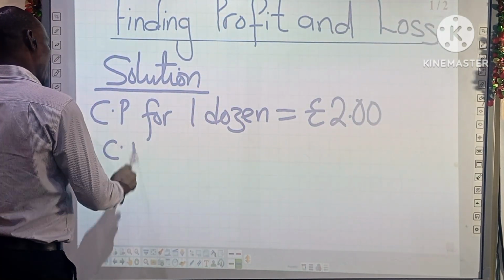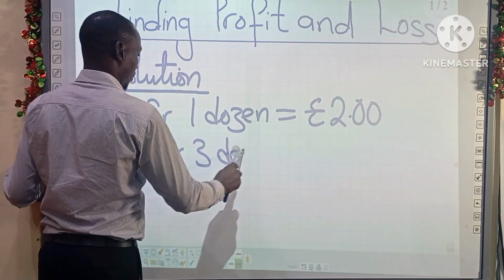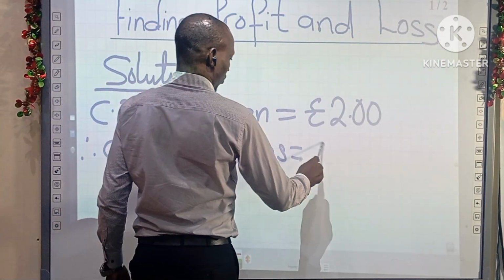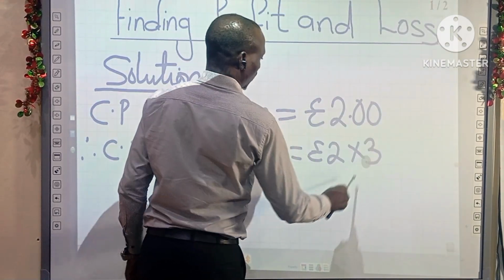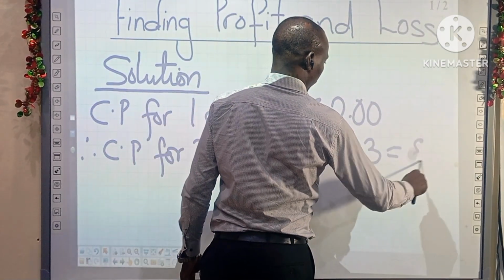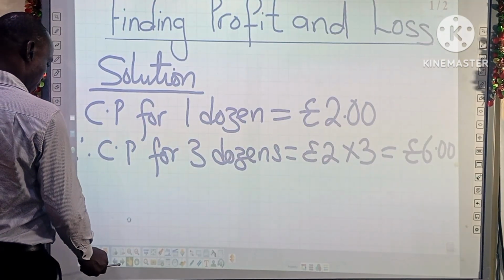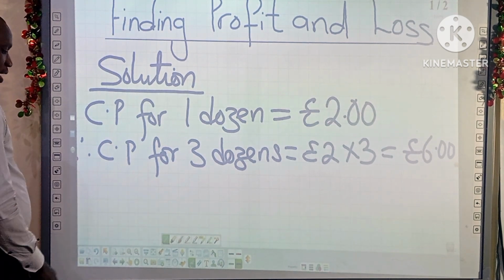Therefore, cost price for 3 dozens will be equal to £2 times 3, which is equal to £6. Now the next step is to look for the selling price.